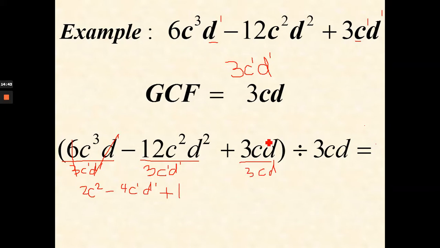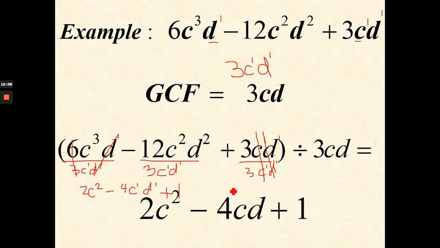How about here? The exponent of c here is 1 and here is 1. So 1 minus 1, that is 0. Cancel that out. Same for d: 1 minus 1 is 0. Cancel that out. Therefore, we have 2c squared minus 4cd plus 1 as the other factor.